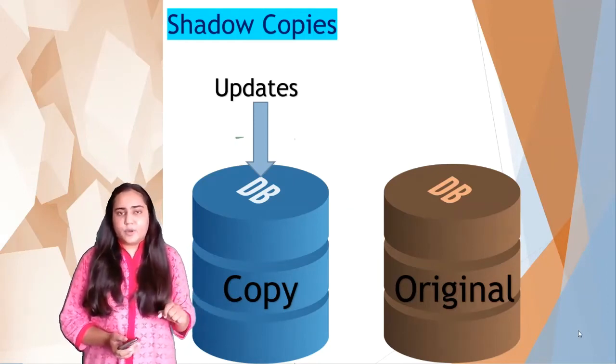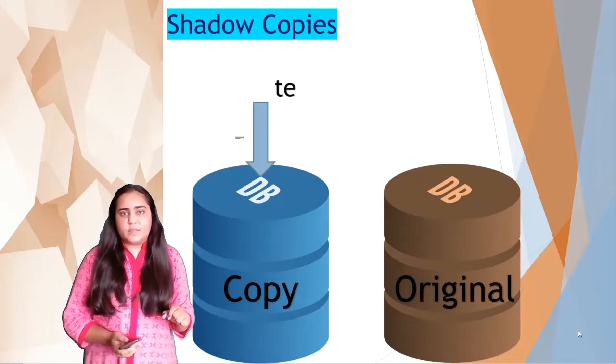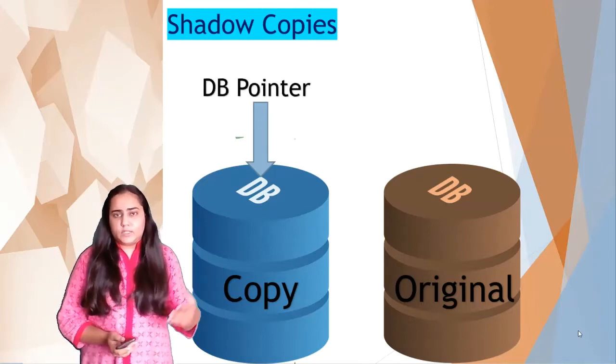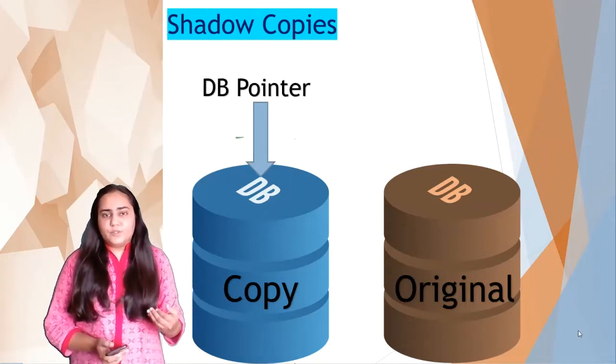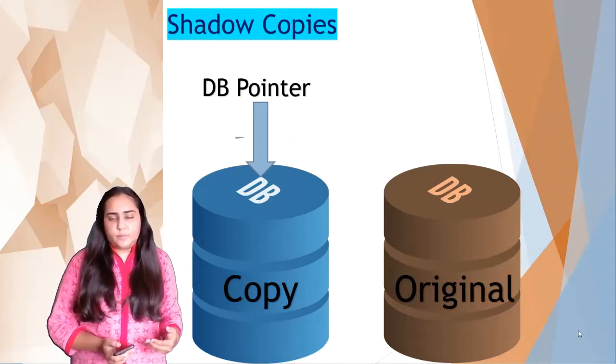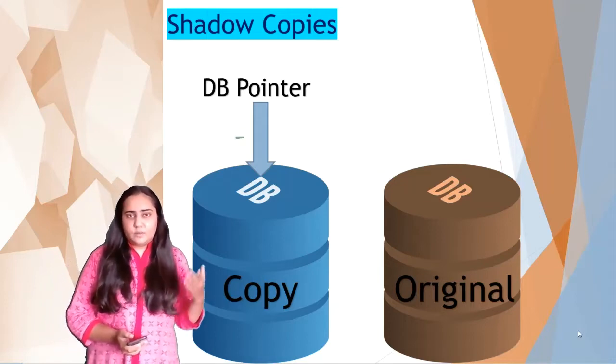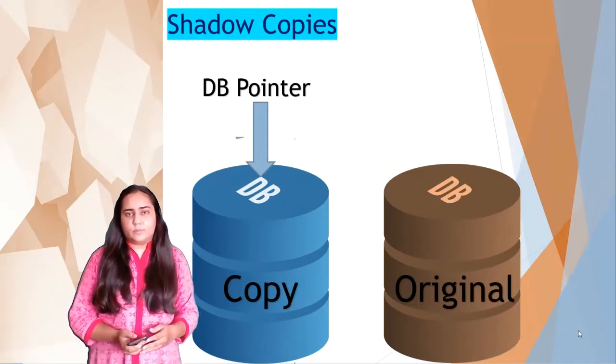And there is a pointer which is created, known as a DB pointer, a database pointer, which points to the current copy of the database, the copy which is a fair copy.